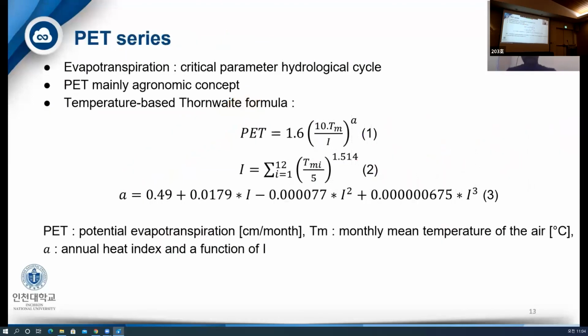Now the last parameter to have before starting the simulation is the potential evapotranspiration. It's a critical parameter for the hydrological cycle. However, representing the evaporative demand can be problematic when creating the hydrological model. PET, potential evapotranspiration, is mainly an agronomic concept that lacks a clear definition at the catchment and regional scale.